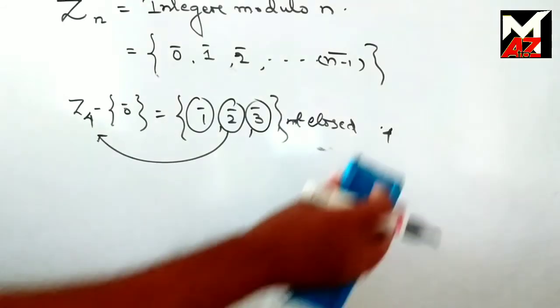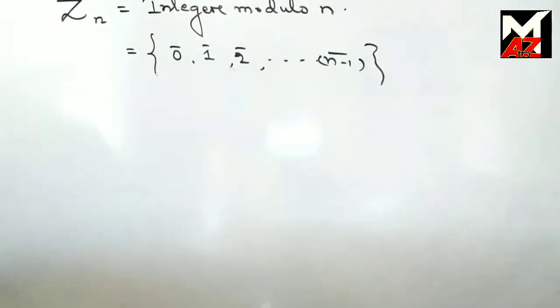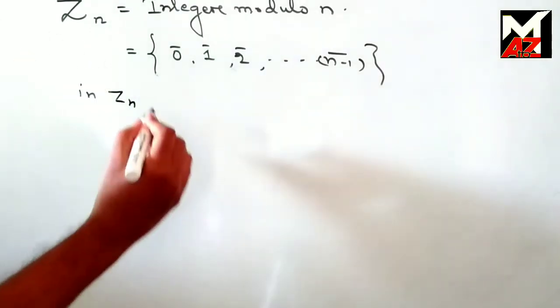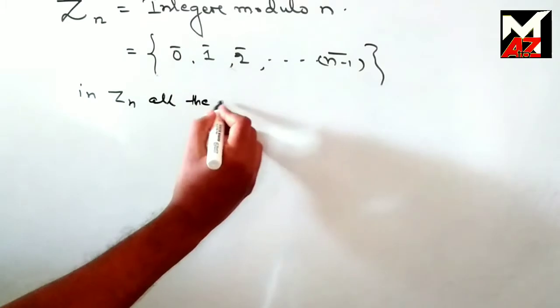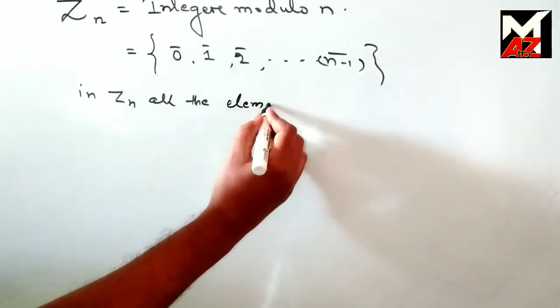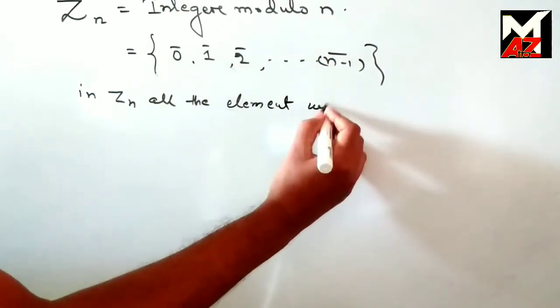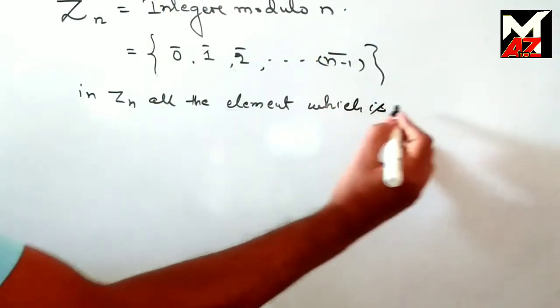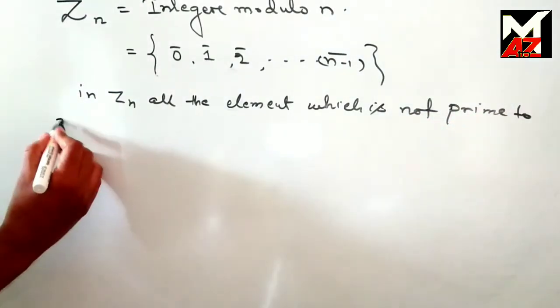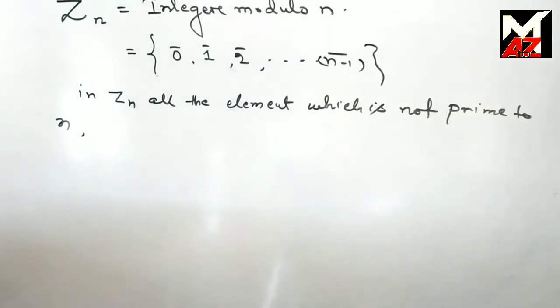Now we go to the point that in Zn, all the elements which are not prime to n, the inverse of these elements does not exist.